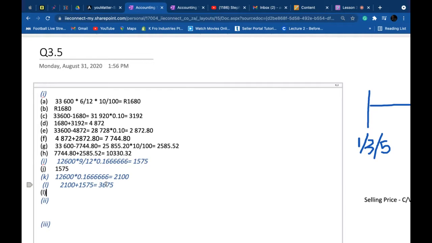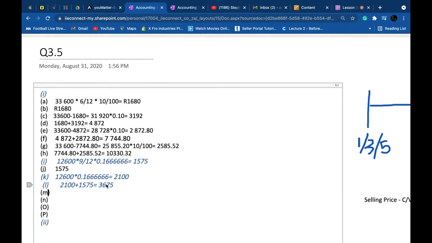Okay. And this is going to be M. All right, and this is going to be N. Okay, and then this is going to be O and P. Okay, so what is M?